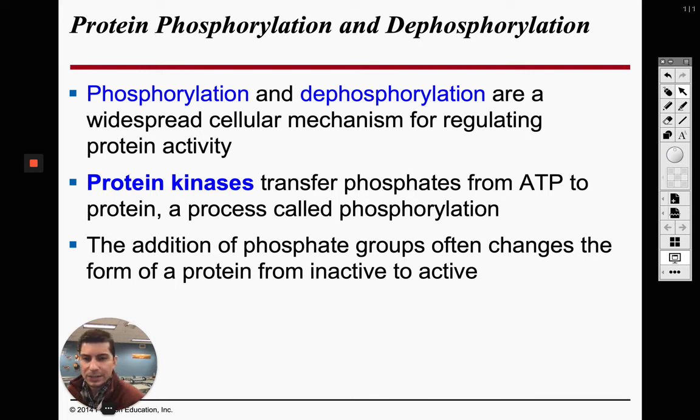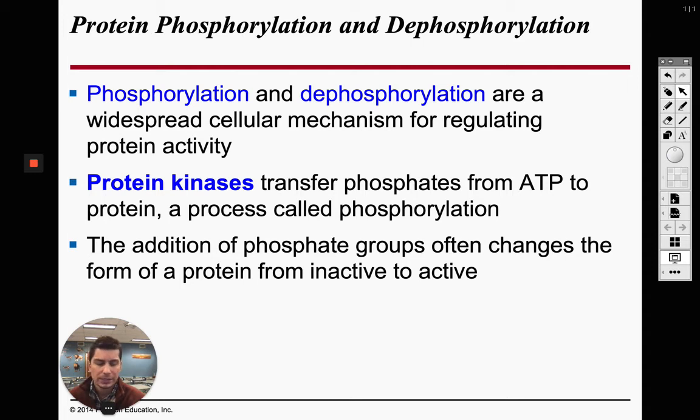Okay, so we have phosphorylation and dephosphorylation. Phosphorylation, very simply, is adding a phosphate to something. Dephosphorylation, you guessed it, is the opposite: taking a phosphate away from something. So we're going to use these things called protein kinases, and they're going to be dealing with ATP to transfer our phosphates.